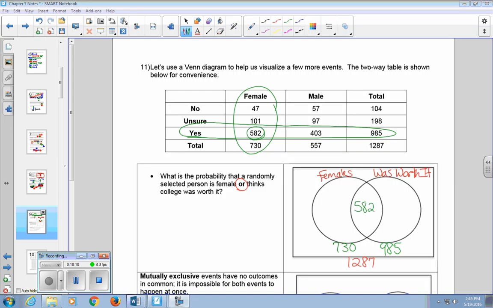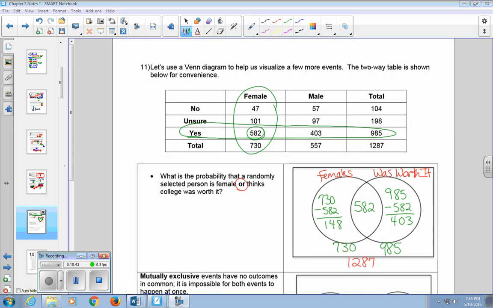So if we want to figure out how many are in the other portions of this Venn diagram, I'm going to do 730 minus 582. Gives us 148 females that felt otherwise, that were unsure, said no, it wasn't worth it. Now over here, 985 minus 582 leaves us with 403 males that felt college was worth it.